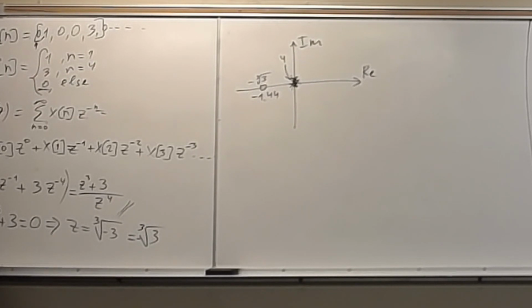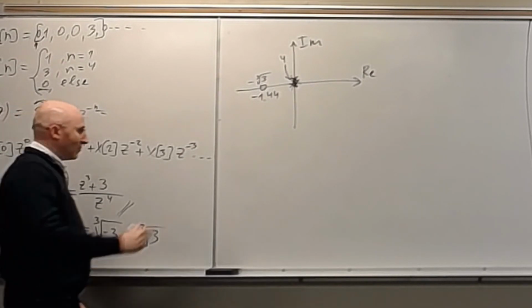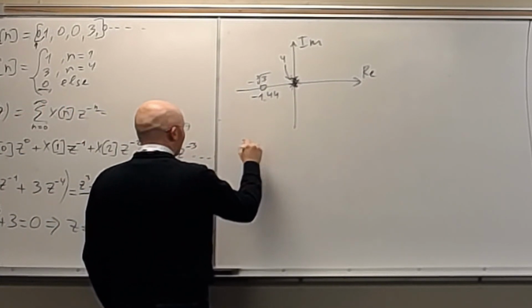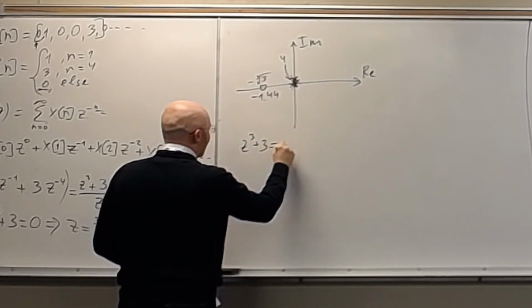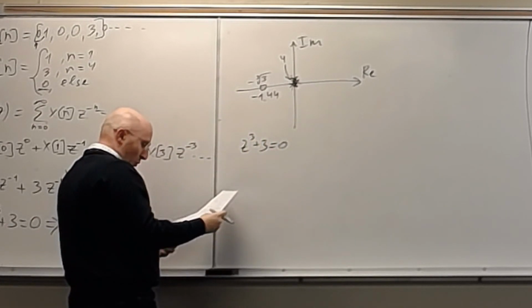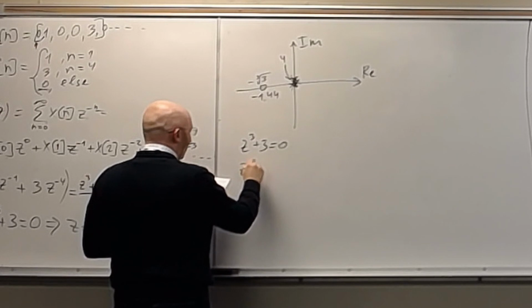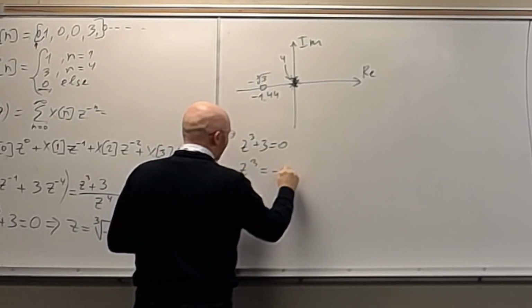The beta term. There's something with the unit circle. So you have z cubed plus 3 equals 0, right? So what you have here is z cubed equals minus 3.